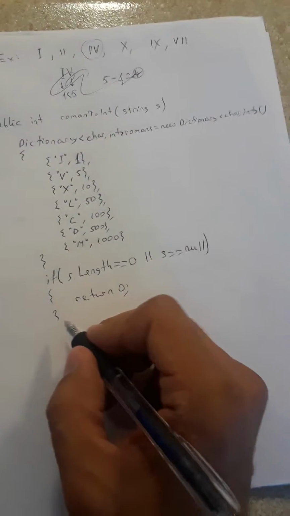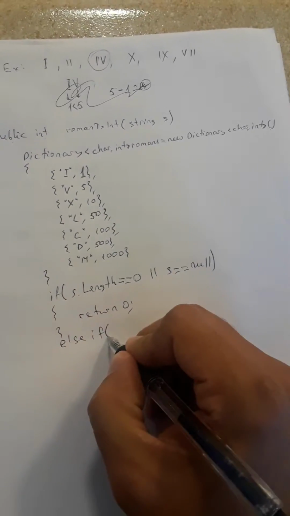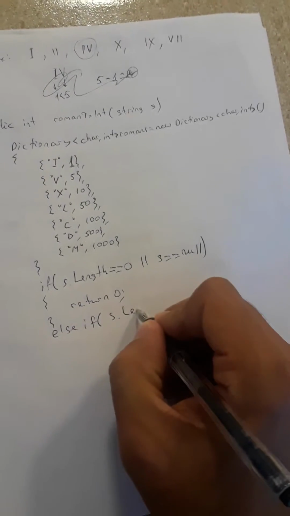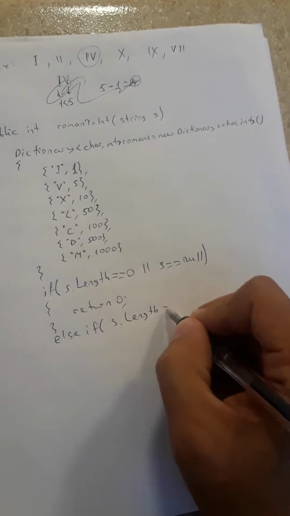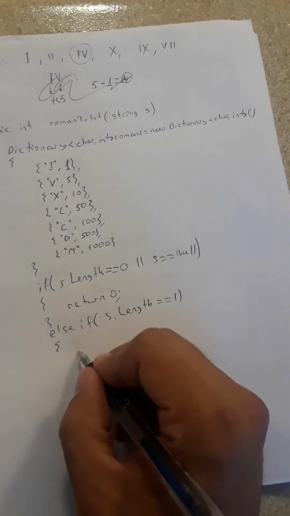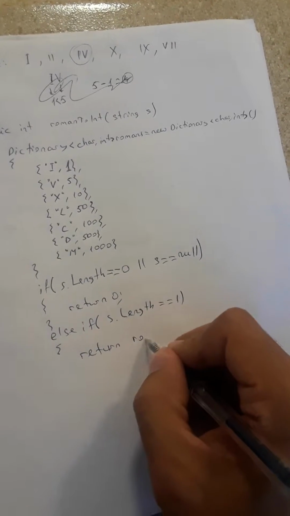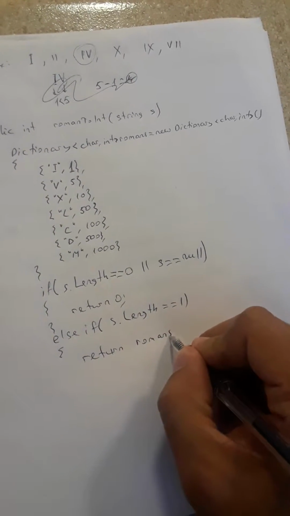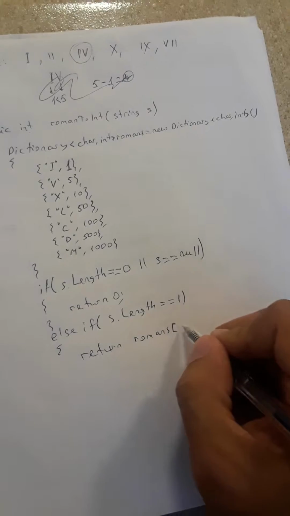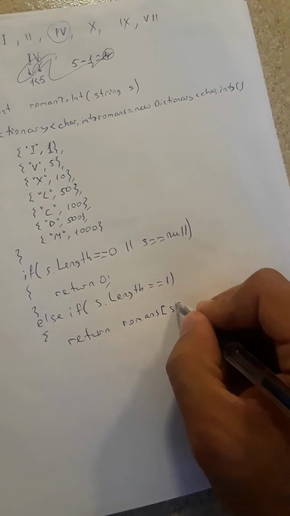What else? If there is just one character, we'll just return the value from the dictionary.